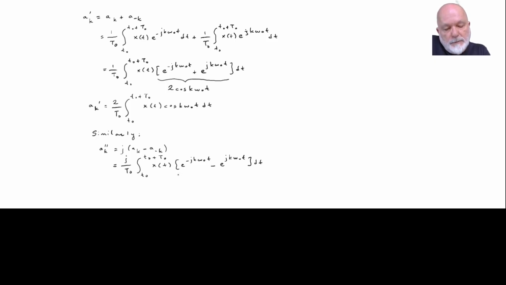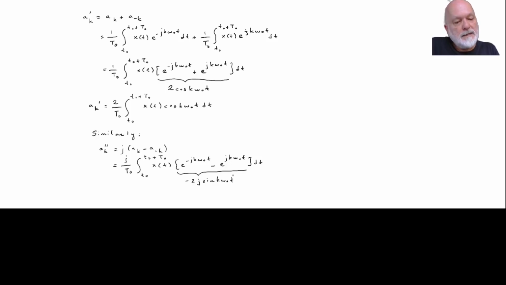Now we recognize this term: as you see, e to jk omega 0 t has a minus sign. Therefore, this is equal to minus 2j sine k omega 0 t.